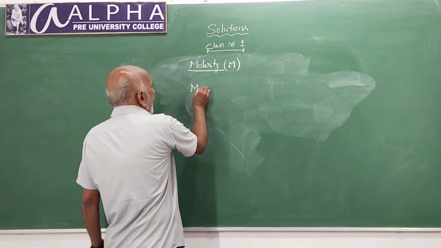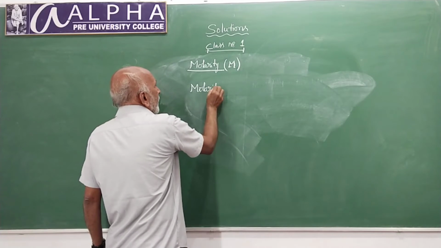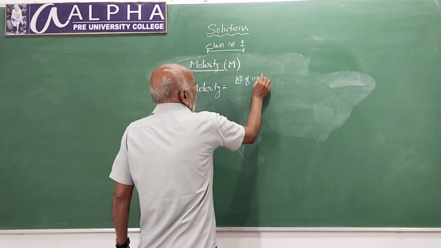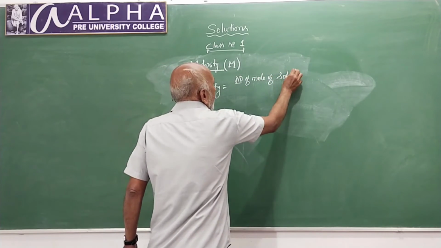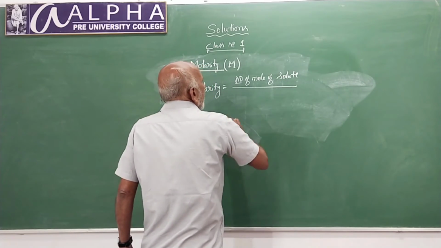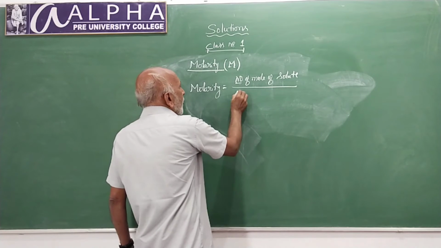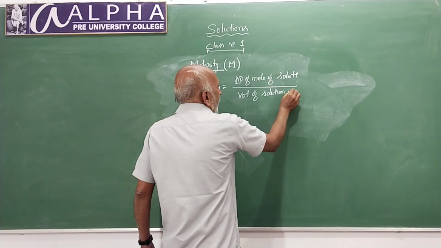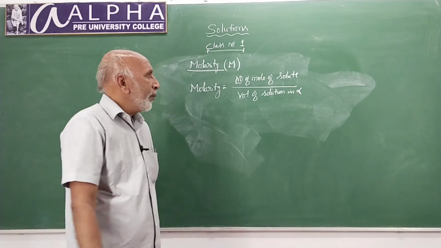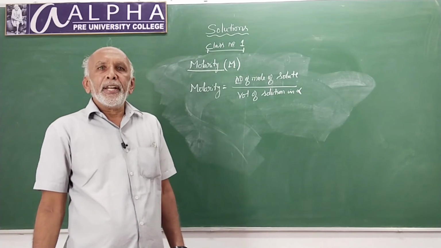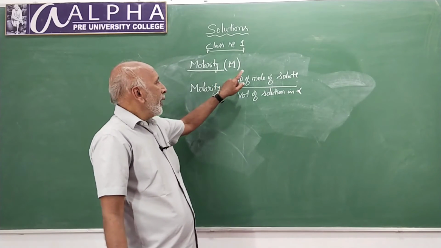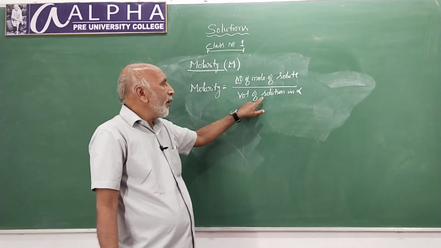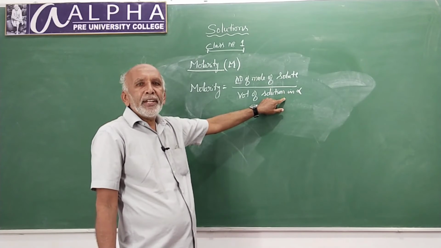So, molarity is equal to number of mole of solute divided by volume of solution, of course, in liter. It is number of mole of solute dissolved in given volume of solution in liter.